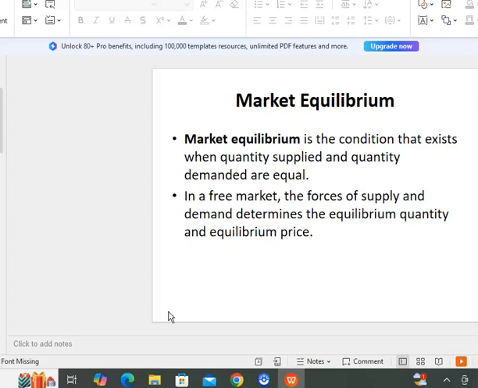before you achieve what we call a market equilibrium, you should have first of all gone through the concepts of demand and supply, and you should be aware of the demand equation and the supply equation, because it is from the two equations that, once you solve them, you get what we call the equilibrium price and equilibrium quantity demanded and quantity supplied.